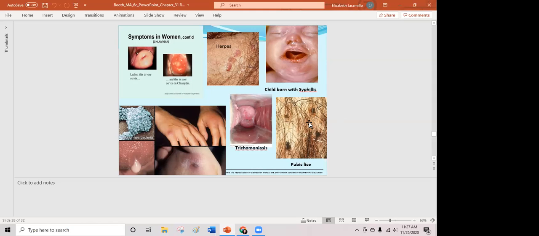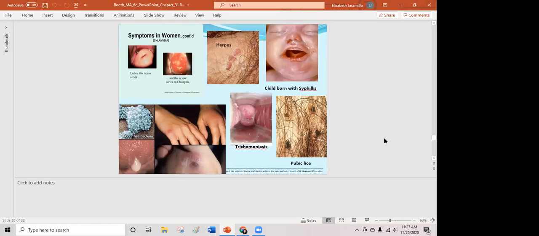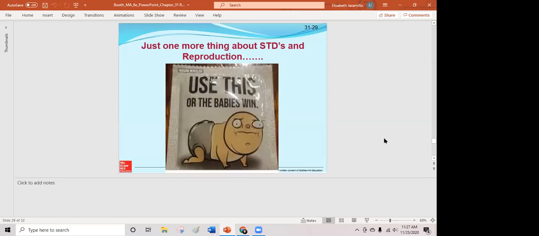Pubic lice. Trichomoniasis, you can see they're using a speculum on the inside of the vaginal canal, cervix. Gonorrhea bacteria. This looks like what that discharge would look like coming from a penis. Not very comfortable stuff.